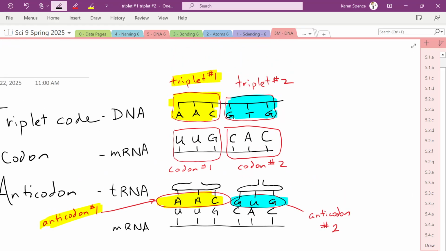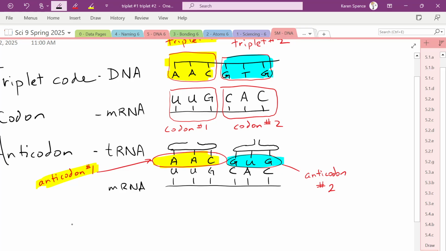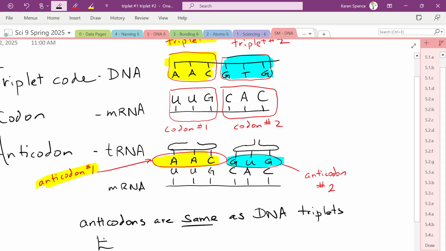So the anticodons are the same as the DNA triplets, except U instead of T. Is that good?